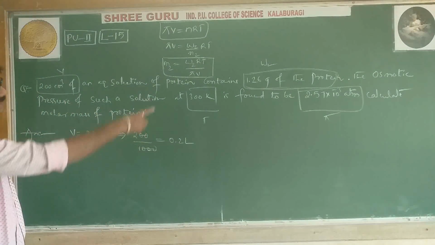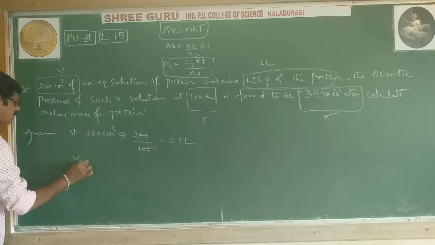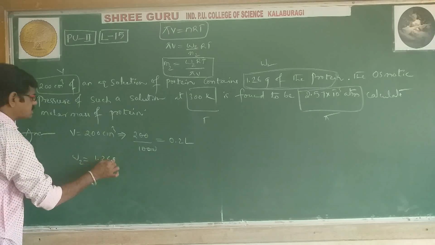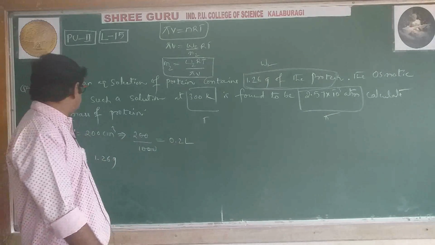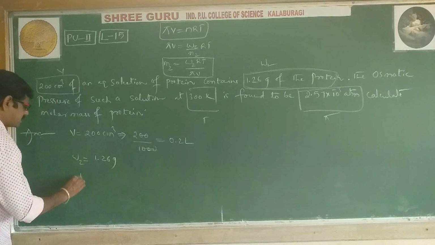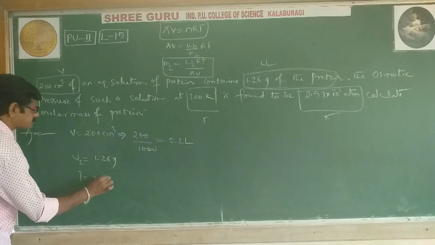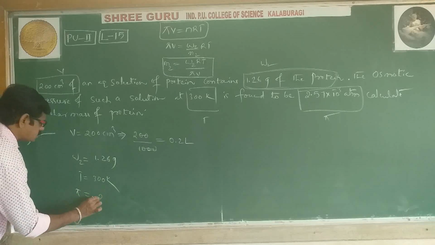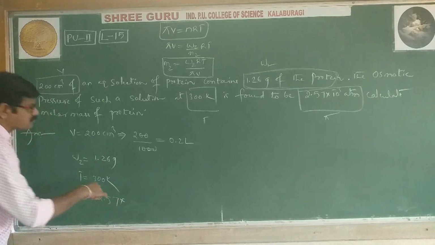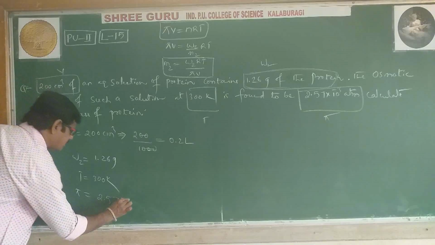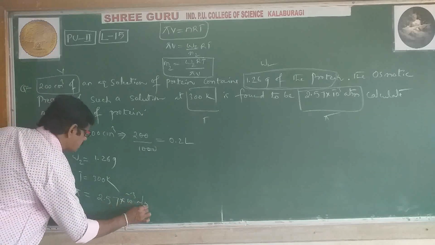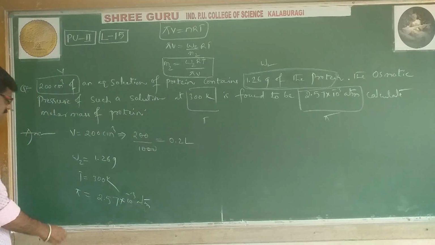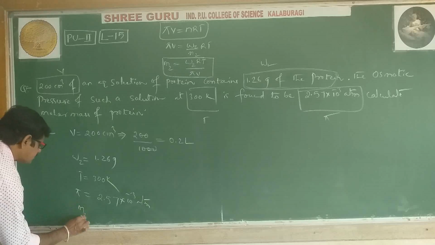Next, W2 is 1.26 grams. Temperature is 300 kelvins. Osmotic pressure pi is 2.57 into 10 to the minus 3 atmosphere. And we are asked for M2, the molar mass of solute.